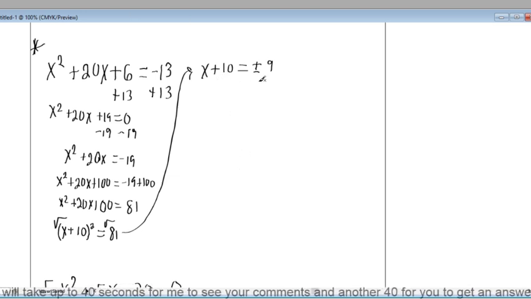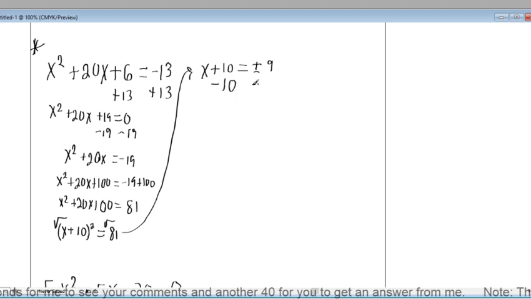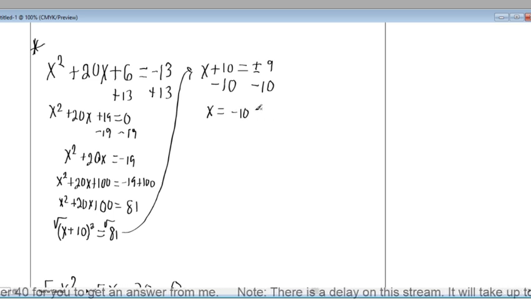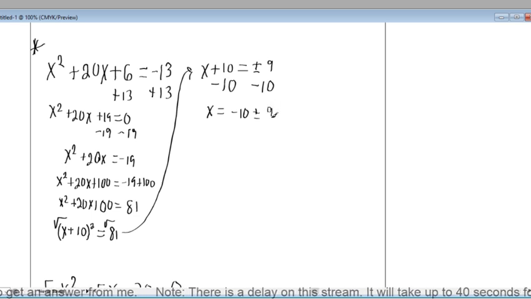We just need to take 10 to the other side. So now we have x is equal to negative 10 plus or minus 9.